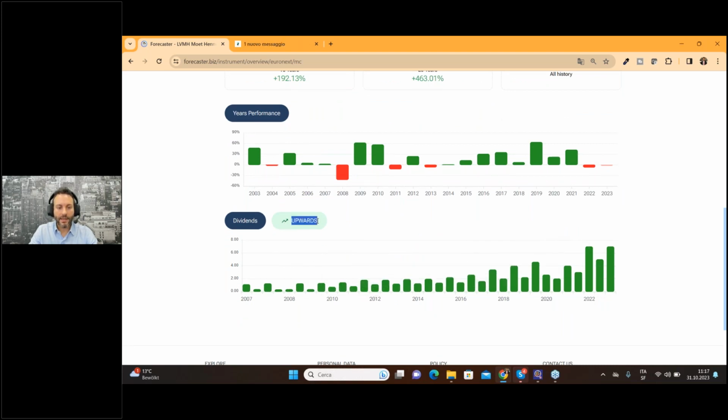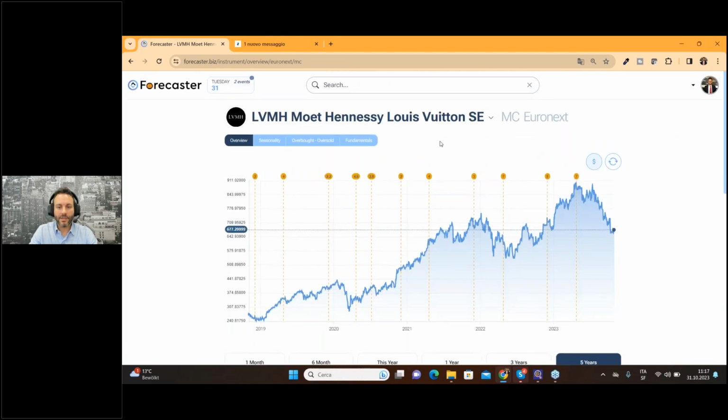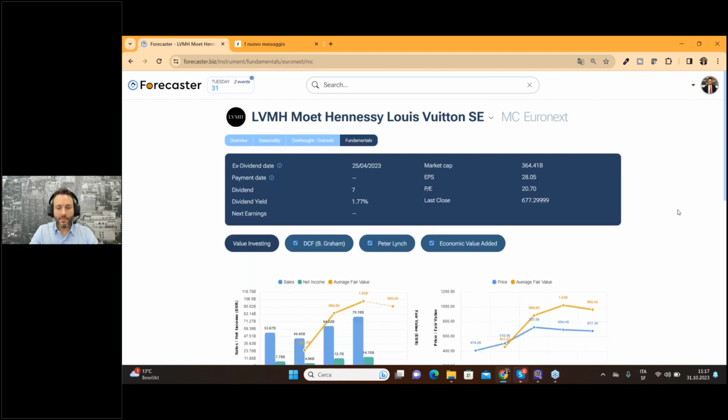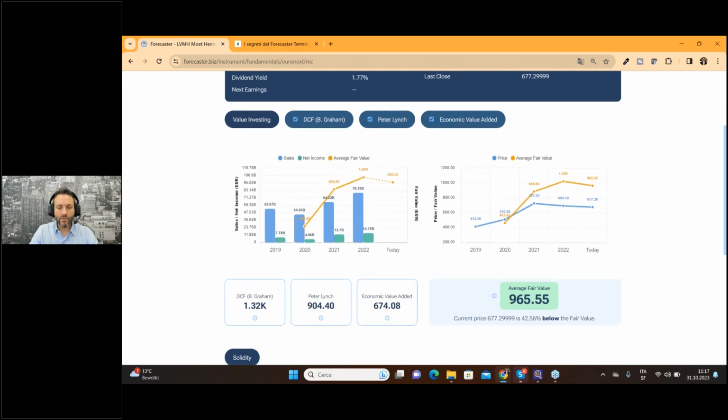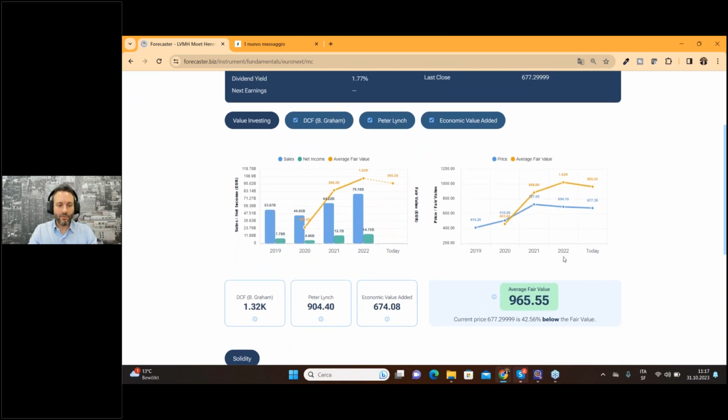We also have our little widget that alerts us precisely that this is a stock on which dividends have always gone up. But most importantly, guys, from the fundamental point of view, we have a stock where if we use all the valuation methods, we have an undervaluation of 42%. Okay?